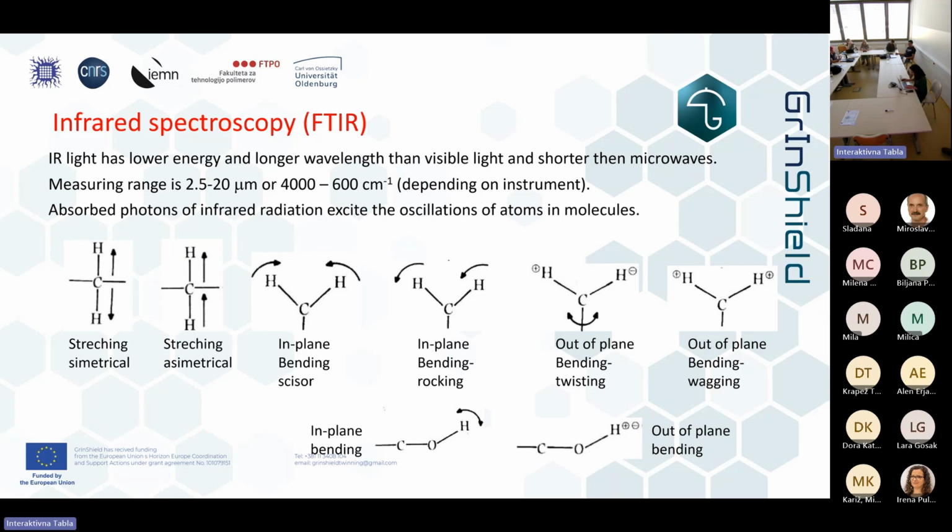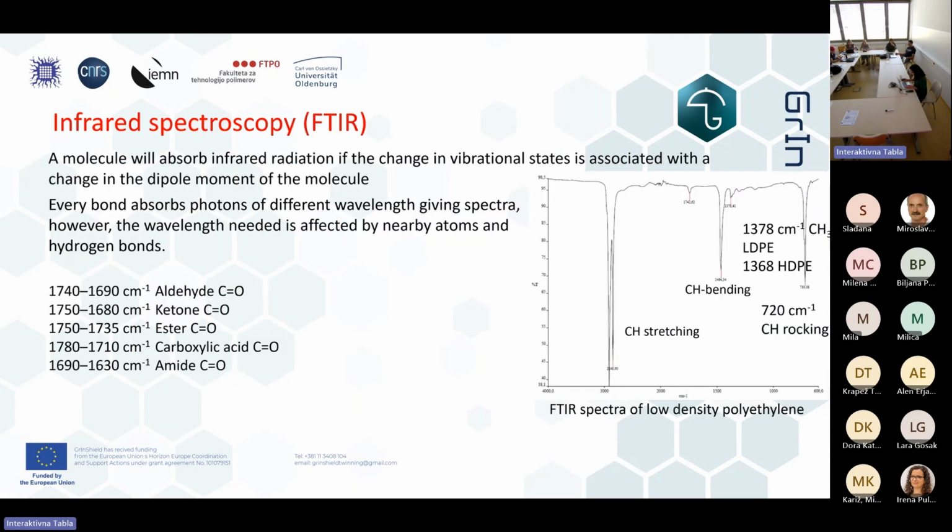All those oscillations we can see as a spectrum. So here, for example, we see one of the simplest polymer spectra, of polyethylene. And here at approximately 2900, we see CH bond stretching. Here it's CH bending.